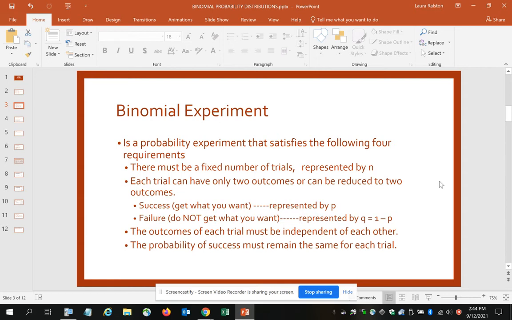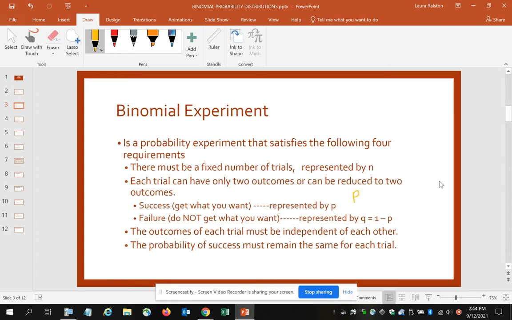If we add, based on our probability information, the probability of success plus the probability of failure, that has to equal 1. So p plus q has to total 1, because something is going to happen when we flip the coin or look at a sporting event or answer a true-false question.